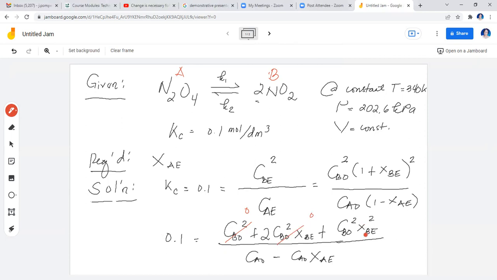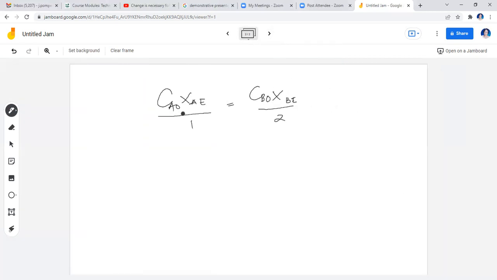So what is left here will be the CBO XBE quantity squared, changed to CAO XAE. So we can place here CBO XBE is equal to 2 CAO XAE.